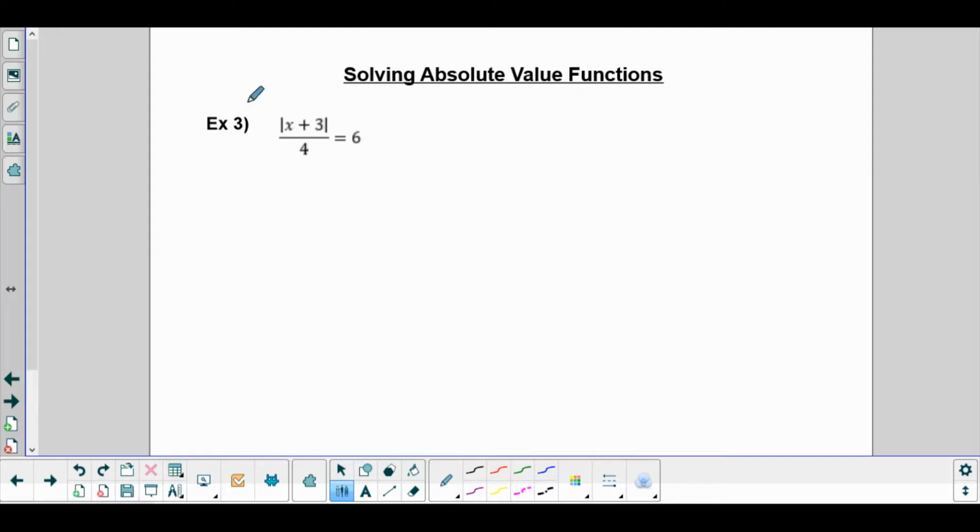All right, the next problem. Solving absolute value functions. So our goal, remember, is to get the absolute value by itself. So in this example, we have absolute value of x plus 3 divided by 4 equals 6.